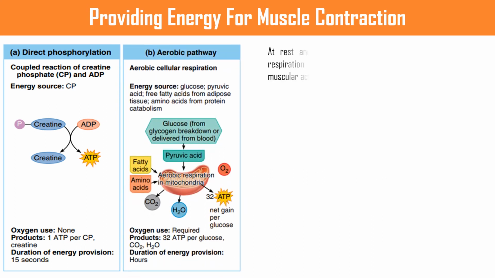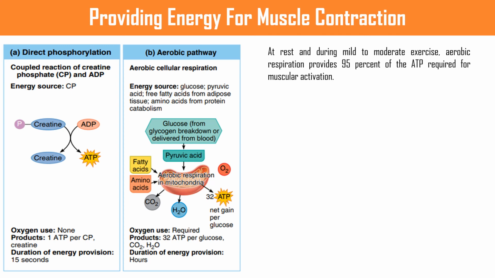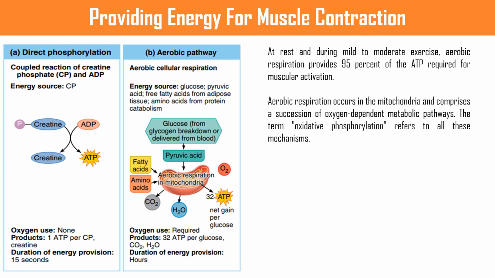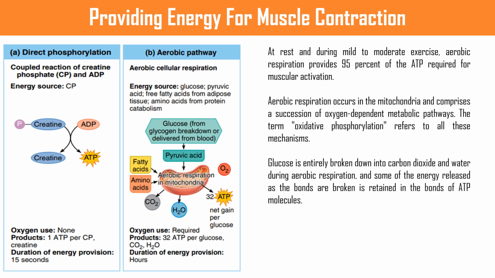Then we have aerobic pathway. At rest and during mild to moderate exercise, aerobic respiration provides 95% of the ATP required for muscular activation. Aerobic respiration occurs in mitochondria and comprises a succession of oxygen dependent metabolic pathways. The term oxidative phosphorylation refers to all of these mechanisms.